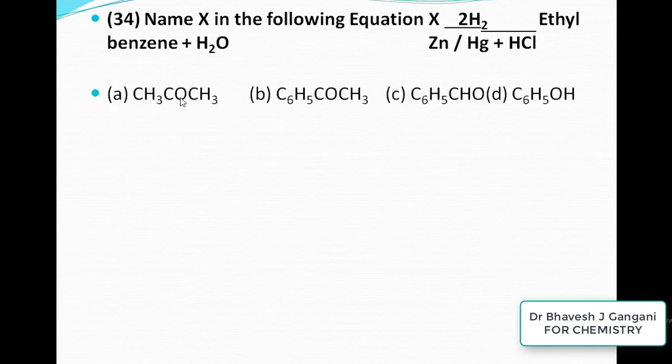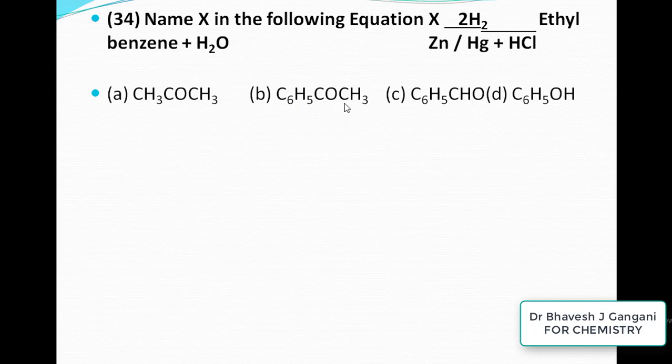So here ethyl benzene we get, then the benzene ring having a 2 carbon atom containing species should be there, so it will be B. And this reaction is Clemmensen reduction reaction. In Clemmensen reduction reaction, this carbonyl group will be converted into methylene group CH2. So answer of this question is X is nothing but acetophenone, B, C6H5COCH3.